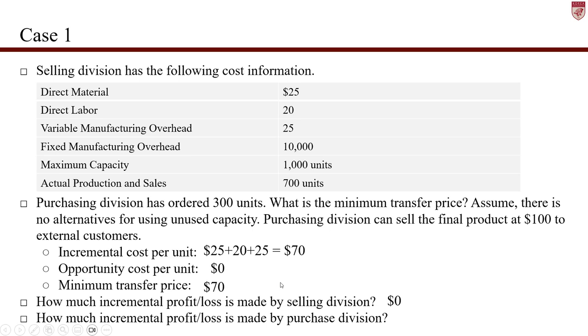It's just going to be zero. How about from the purchasing division? Now they can sell at $100 per unit, and they are purchasing at $70, meaning for each unit it's going to be $30. And if they're able to sell 300 units, it's going to be 30 times 300, $9,000 in total.